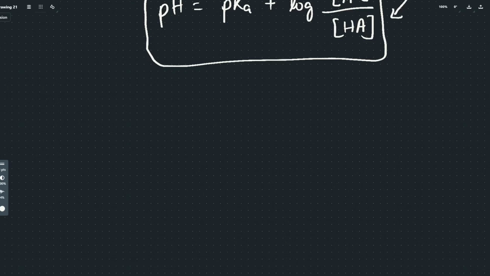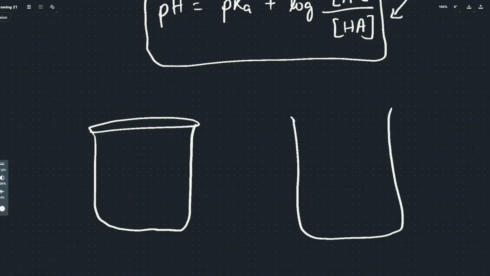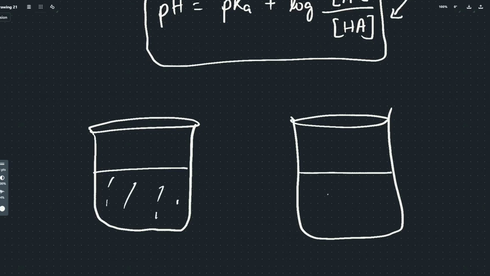So let's suppose that I have a beaker. We have two beakers, let's say. So in both of the beakers, we have exactly equal amount of buffer here as well as here.